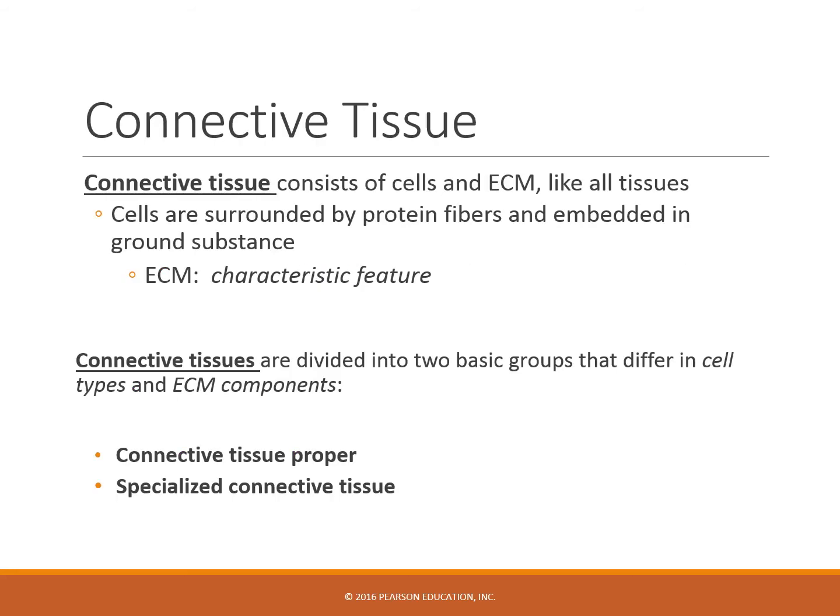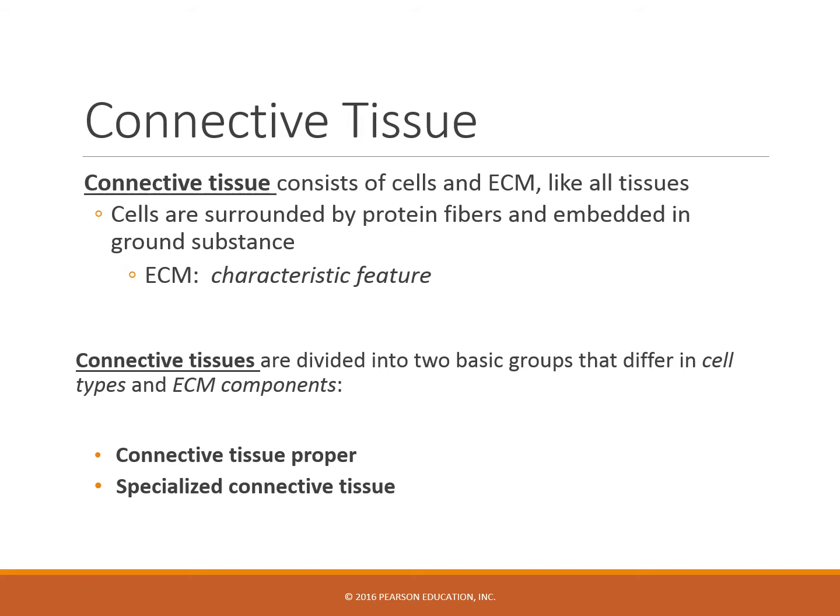Like all tissues, human connective tissues consist of cells that are surrounded by an extracellular matrix, or ECM. This ECM consists of ground substance and embedded protein fibers. What makes this tissue different from your epithelial tissues is that the ECM is visible and can be used to distinguish between one connective tissue and another.